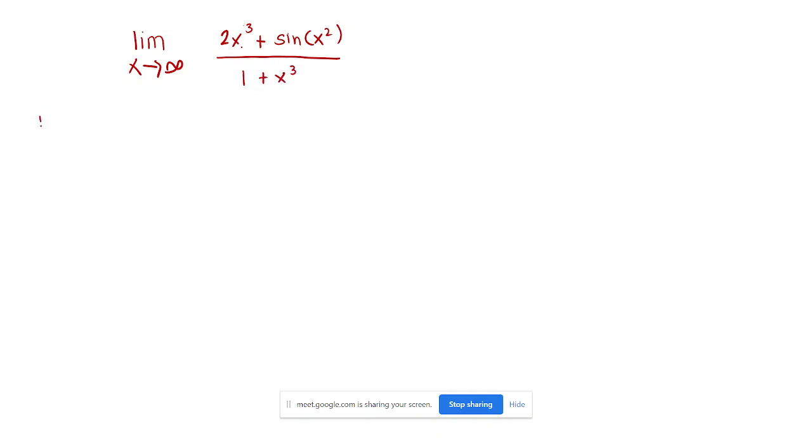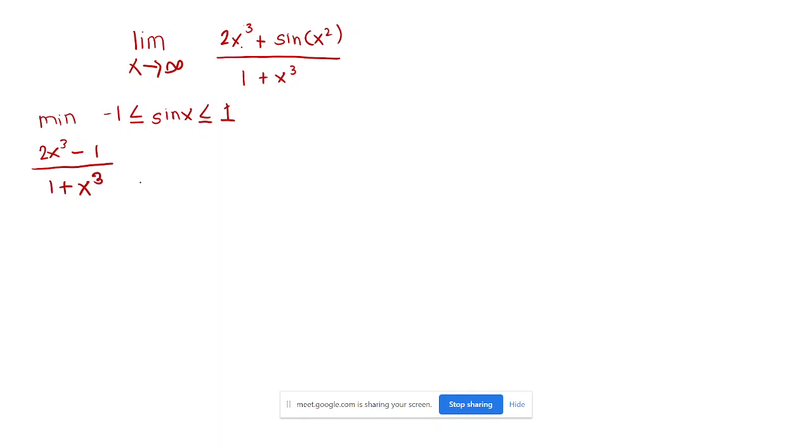We get the minimum since negative 1 is less than or equal to sine x, which is less than or equal to positive 1. So therefore, for 2x cubed, the minimum is minus 1 over 1 plus x cubed.